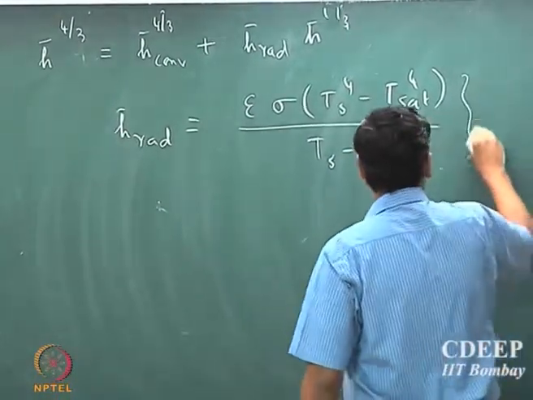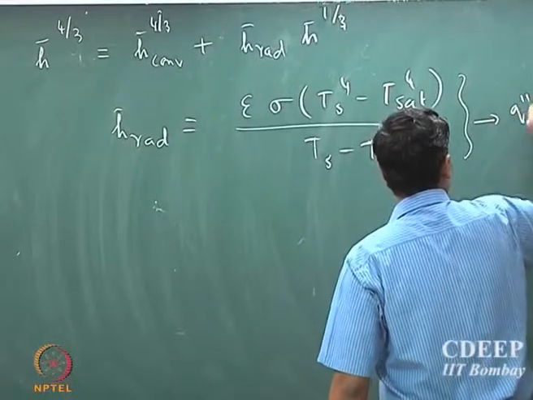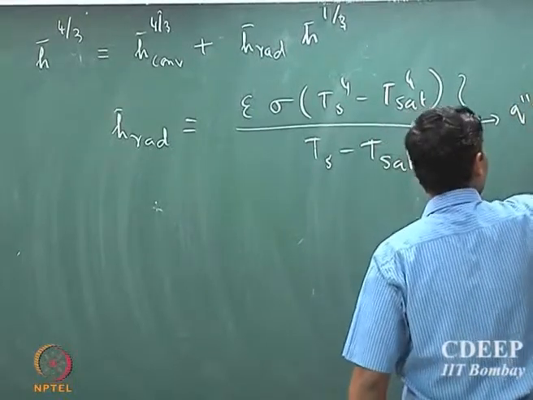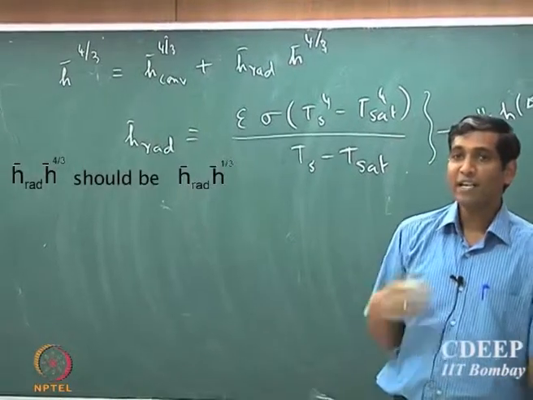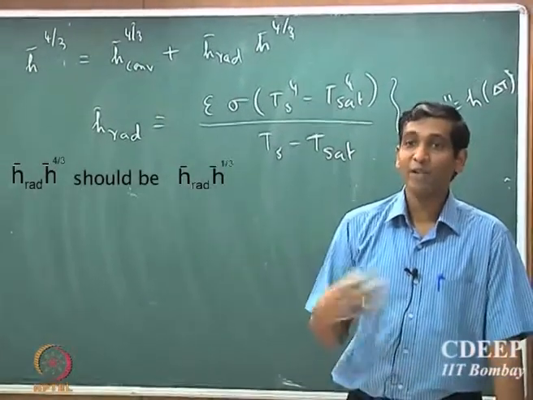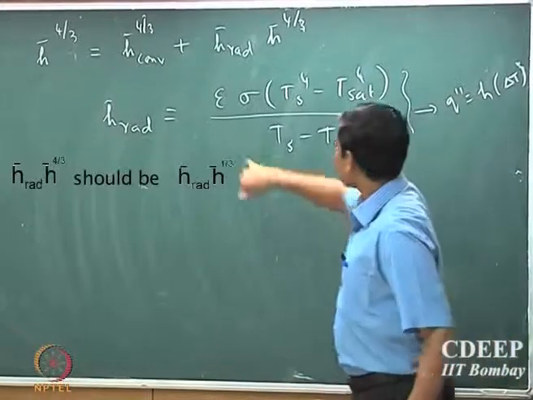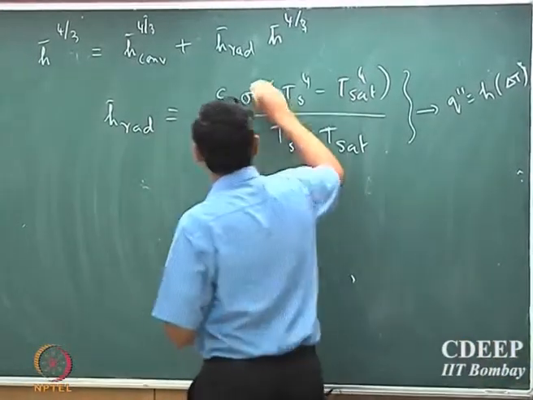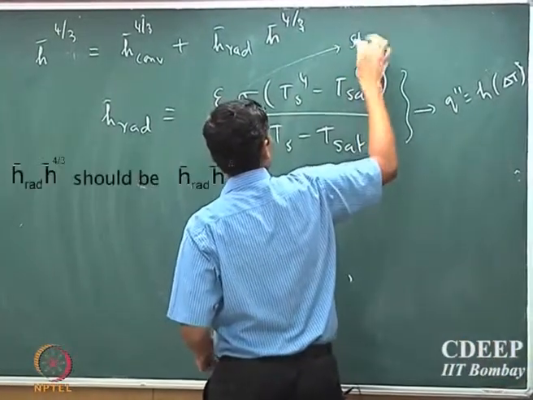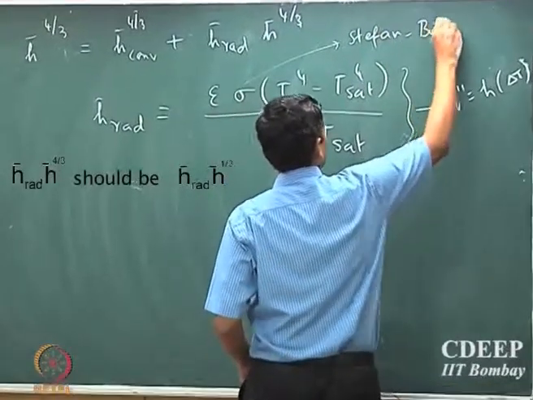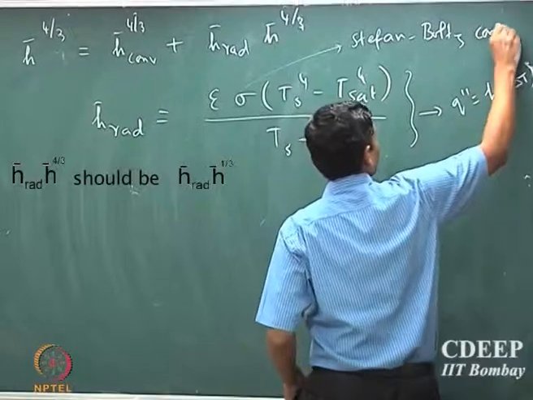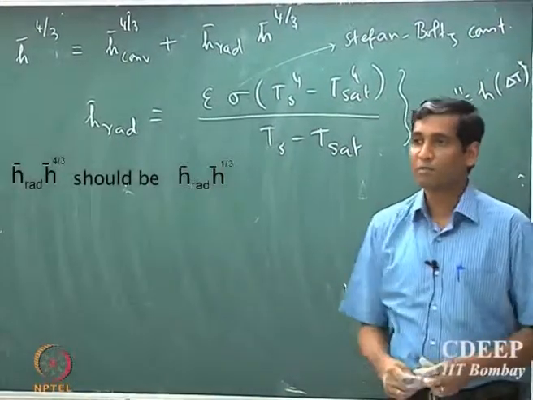Remember, this comes from flux equal to some H into delta T, so use that definition to define the heat transport coefficient because of radiation. Epsilon sigma here: sigma is the Stefan-Boltzmann constant, not surface tension.